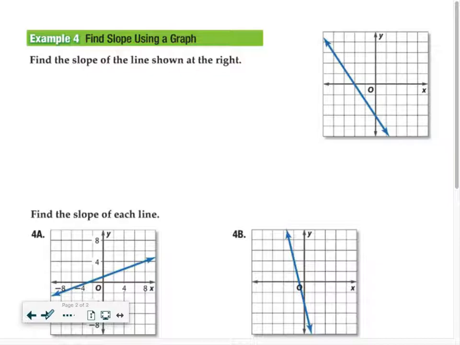Okay. Find the slope of the line shown at the right. Let's use the idea of rise over run. To do that, you've got to be able to identify points, and points on a graph are places where the line goes straight through a coordinate. You can use any of these 3 points.